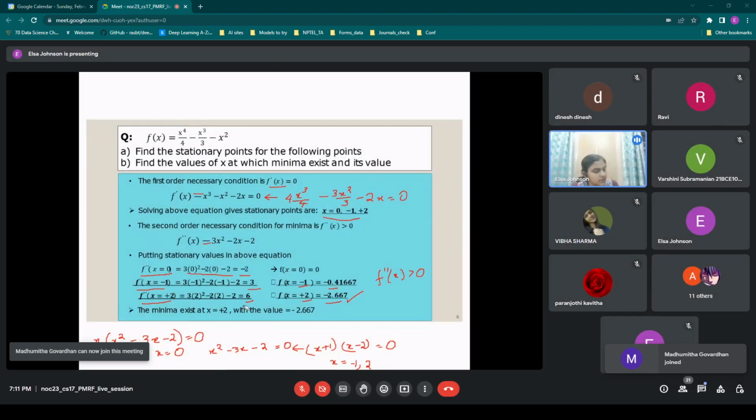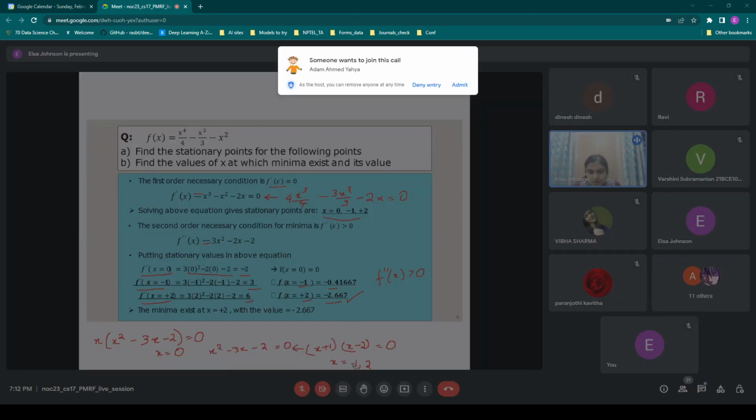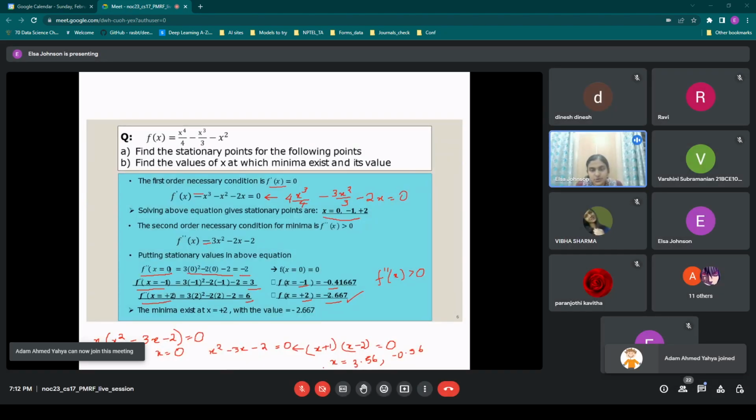The values are coming like minus 0.56 and 3.56. So x is equal to 3.56, and it's coming like minus 0.56.